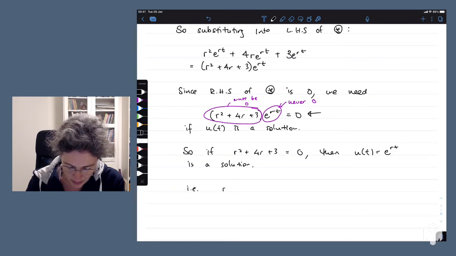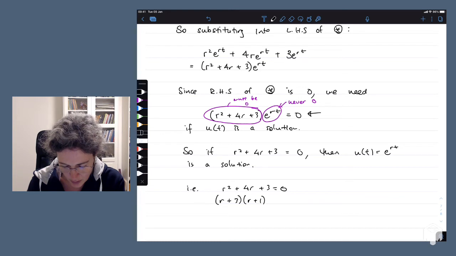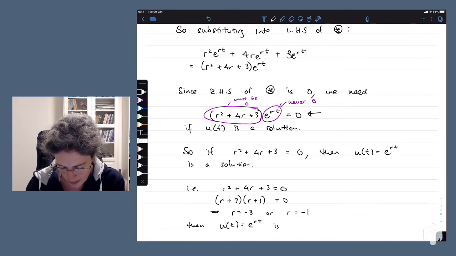So we need that r squared plus 4r plus 3 equals 0. You can do some factorizing and you'll see that's (r plus 3)(r plus 1) is equal to 0. So this tells us that if r is equal to minus 3 or r is equal to minus 1, then u of t equal to e to the rt is a solution.